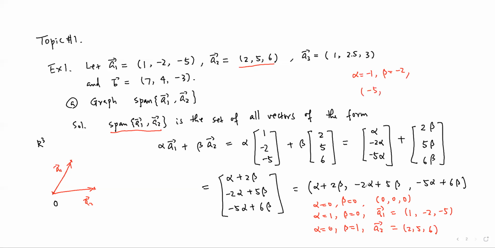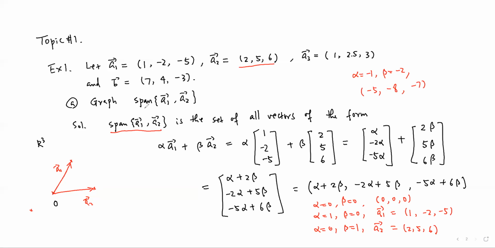And then 2 minus 10, so -8. And -1 plus 10... -5 minus 12, so -7. So this point may be here.